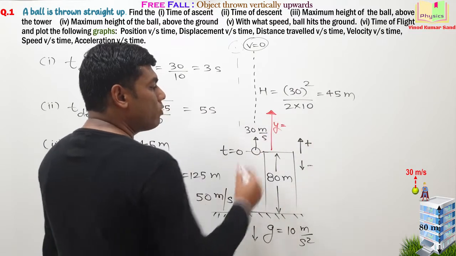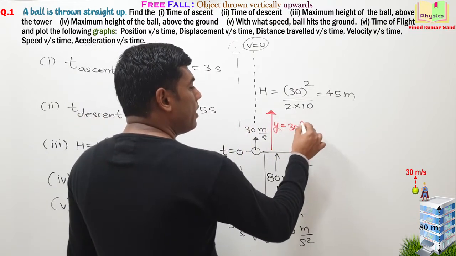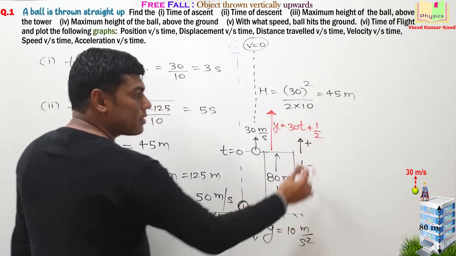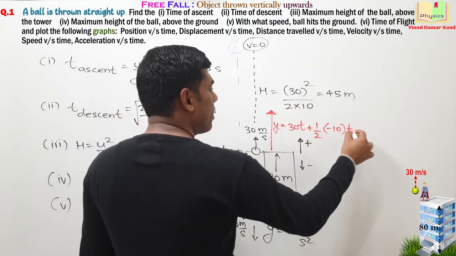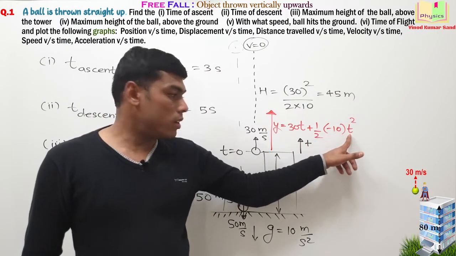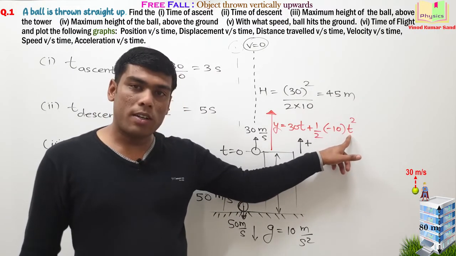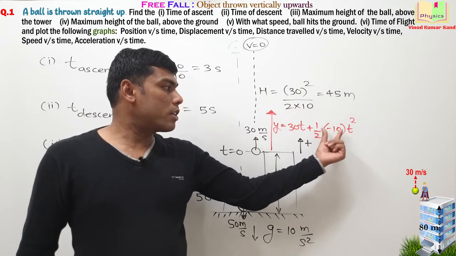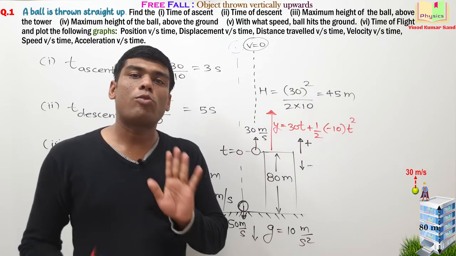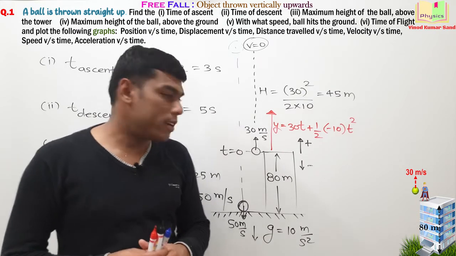Then y will be equal to what? 30t plus half of minus 10 t square. This equation is a quadratic equation. There is a square term with the time, but the coefficient of t square is negative. So the position versus time graph will be a parabola, mouth opening downward.